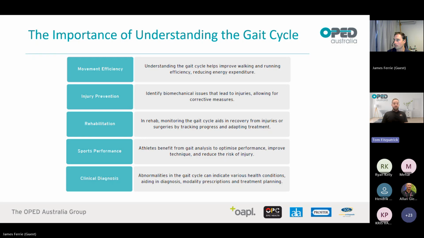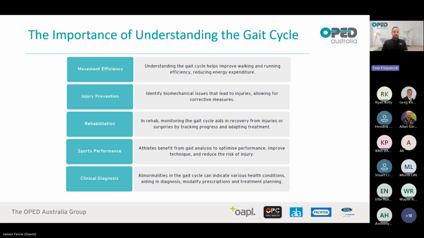Also sports performance, so athletes can benefit from gait analysis to optimize performance, improve technique, and reduce the risk of injury. And importantly, as we're here today, clinical diagnosis. Abnormalities in the gait cycle can indicate various health conditions, aiding in diagnosis, modality prescriptions, and treatment planning.